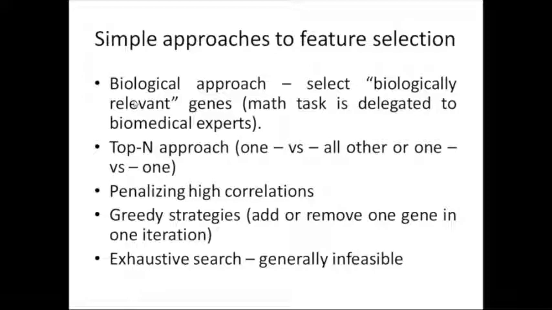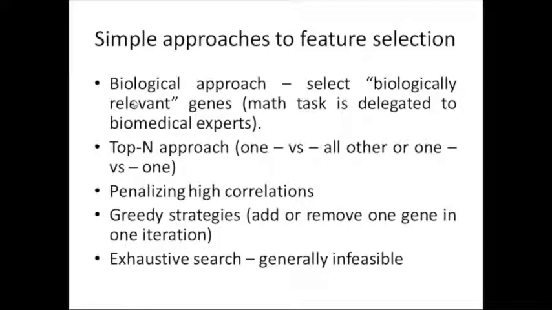So the simplest approach to select genes for gene signature, simplest for mathematicians, for bioinformaticians, is to delegate this task to biomedical experts. So to ask them to give a list of top biologically relevant genes. So it's a real simplification for bioinformaticians, for mathematicians, but it's a real complication for biomedical experts.